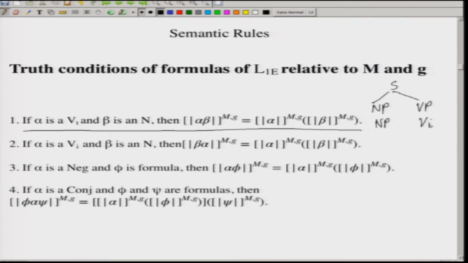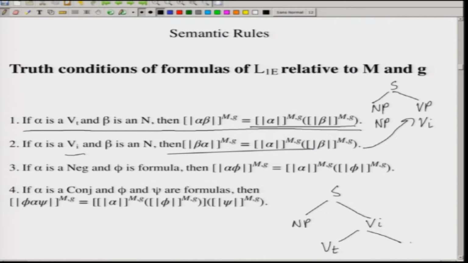This is the rule for the 2 plus predicate, and this corresponds to this. And for example, you have a structure like S goes to NP, and then this has to be VI always, but then here you can have VT and then another NP. So basically the first rule, rule 1, is about this construction, and rule 2 is about this construction.